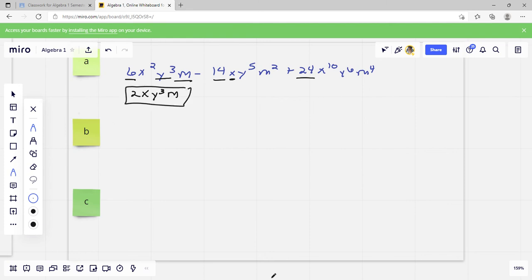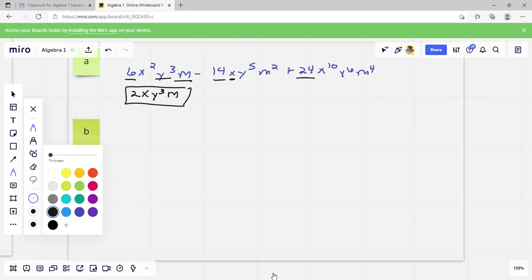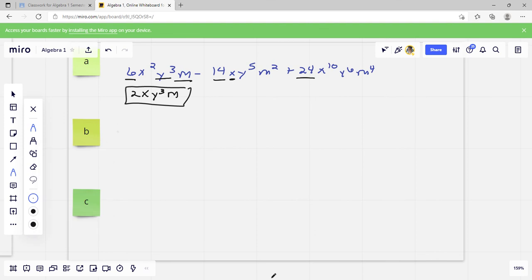All right, for B, we have 5a squared b squared c squared, 60a to the third b to the third c to the third, and 30a to the fourth b to the fourth and c to the fourth.